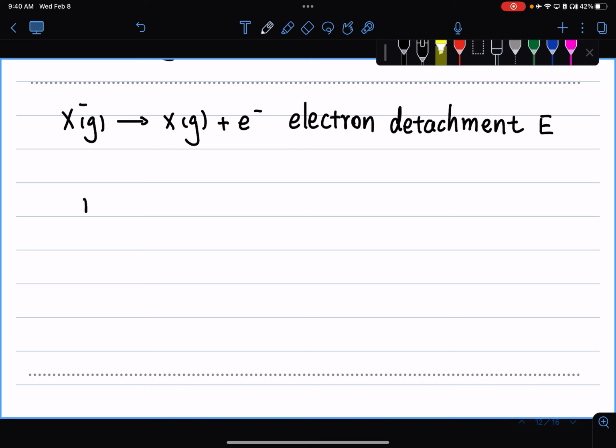Electron detachment energy is defined as, we start from an anion and look at the energy required to remove an electron from the anion to form the neutral atom. This is just the reverse reaction of electron affinity.